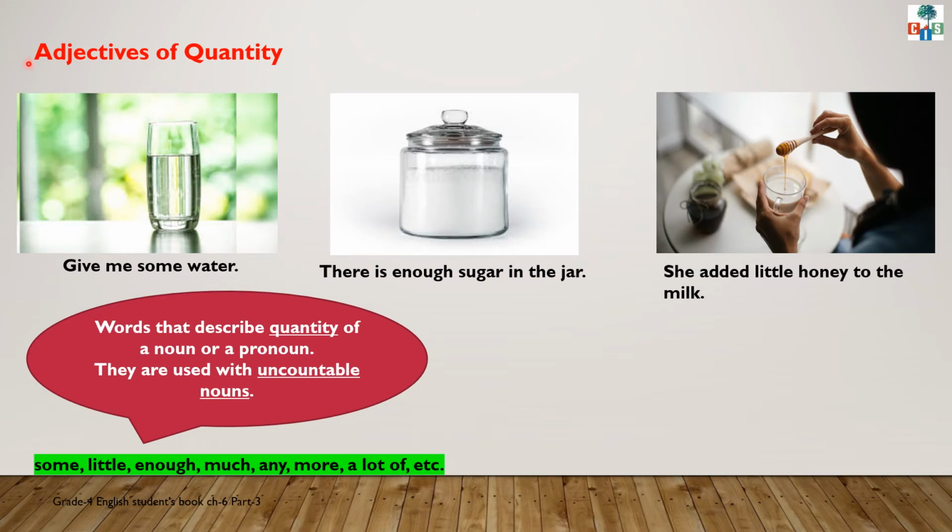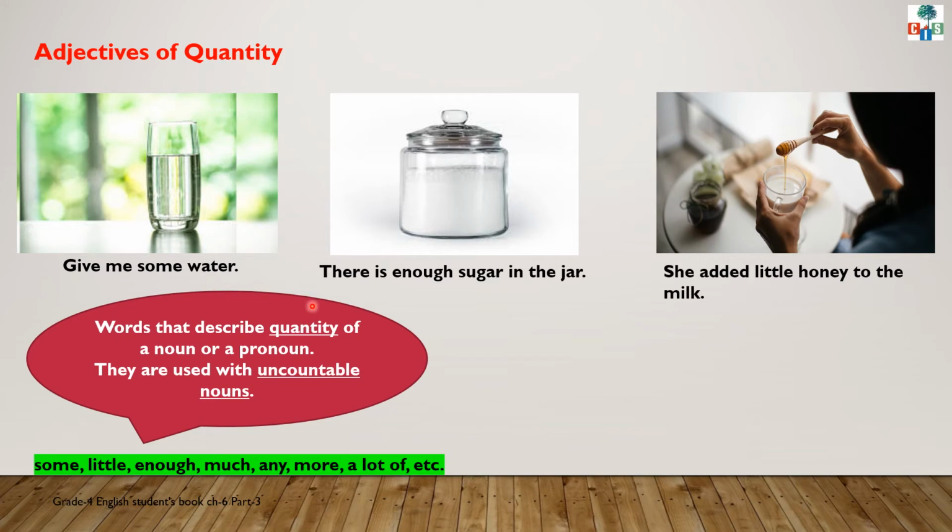Okay, children. Now let's know about adjectives of quantity. Look at these examples. Give me some water. Now, what is the noun in this example, children? Water. And before this noun, I have used a word, some. So, the word some is an adjective of quantity because it shows the quantity of the noun water.